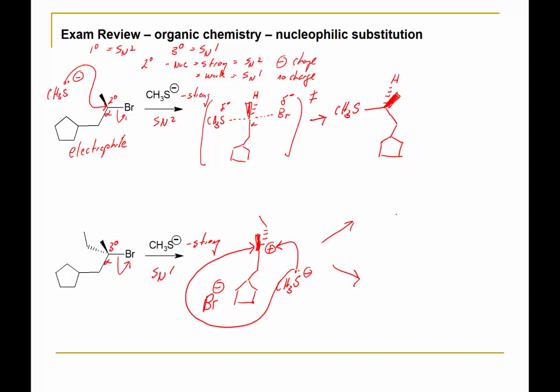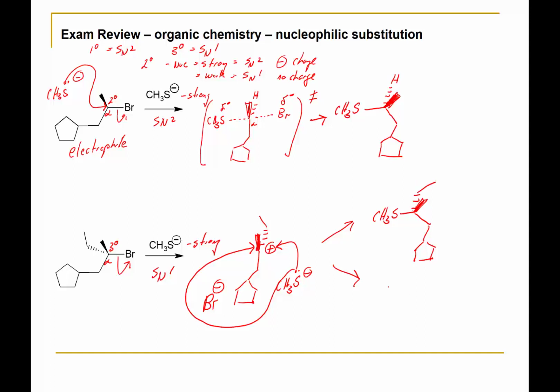In terms of one of the products, let's say the attack from the opposite side of the leaving group, I'll have my CH3S making a bond to the alpha carbon. And then here's the rest of the ring structure. My methyl group will be inverted, still coming out at me, but inverted towards the right-hand side. And then I've got my CH2, CH3.